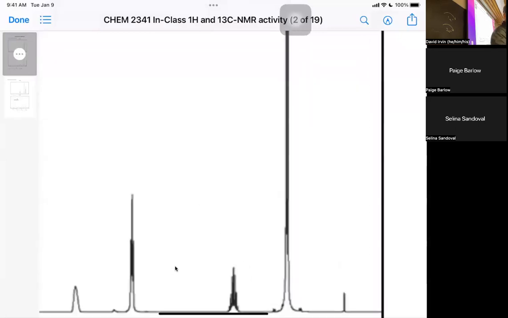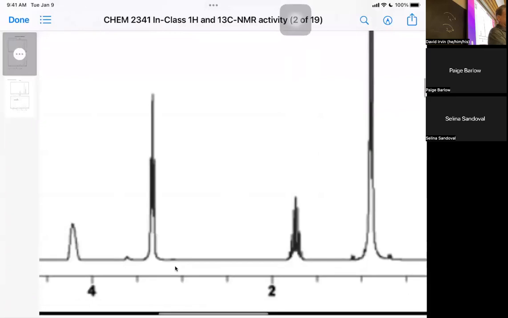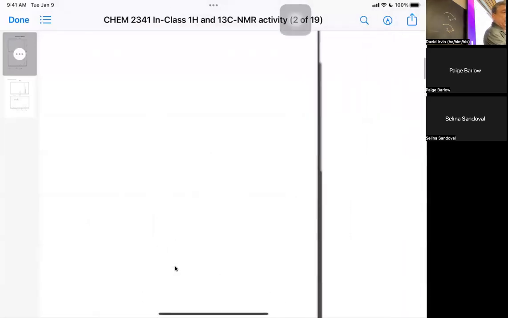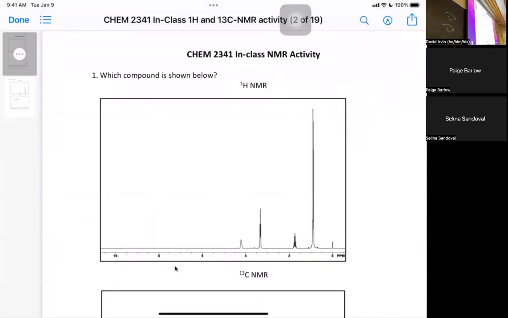Now if we look at the splitting, it definitely looks like that's a triplet because the middle's high. This is a multiplet, so we have a lot of splitting in that one. We're not really sure about this one. This one could be a singlet or a doublet, not really sure. So we have to take that into account. But we have a total of 4 signals. We have 4 kinds of hydrogen.